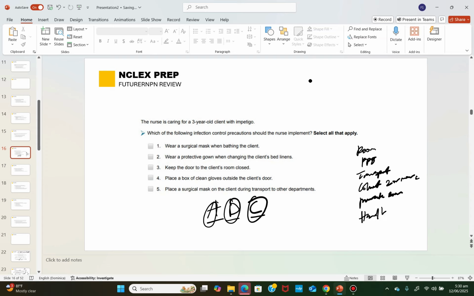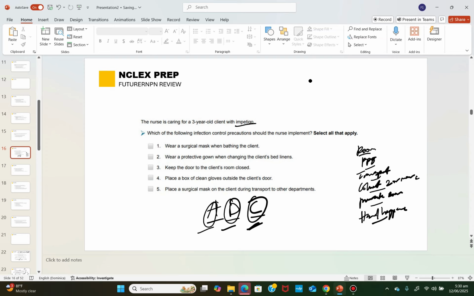So NCLEX also tests hygiene. Right. So now, since you know all this, the first thing you want to identify is the infection. Now, impetigo, that is what? Obviously, a contact infection. Now, you are looking for the precaution.